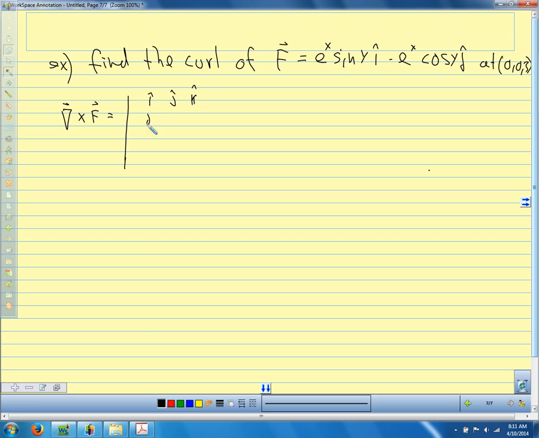We're going to take our partial derivatives. Finding this determinant is where students often make mistakes, anytime we find a cross product. So be very careful when you find cross products. e to the x sine y, minus e to the x cosine y, and 0.